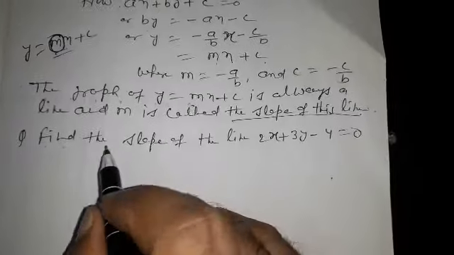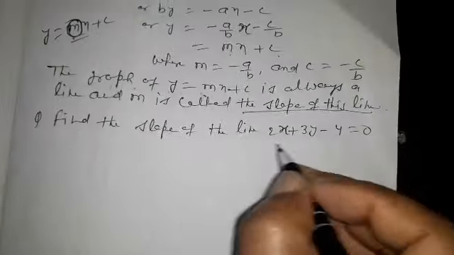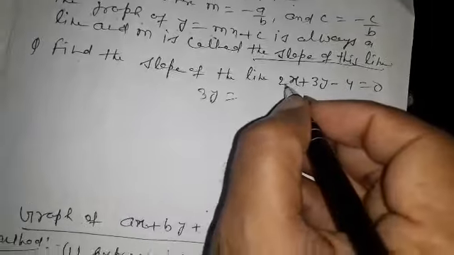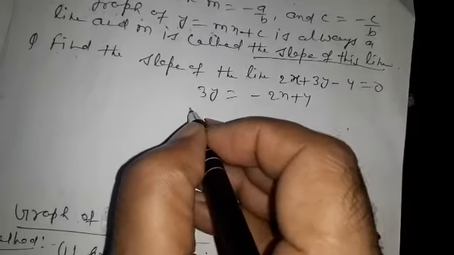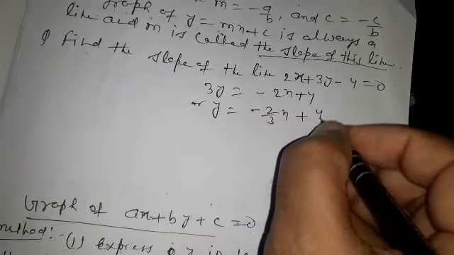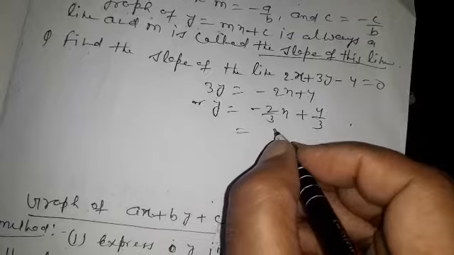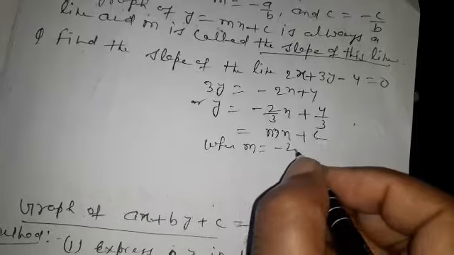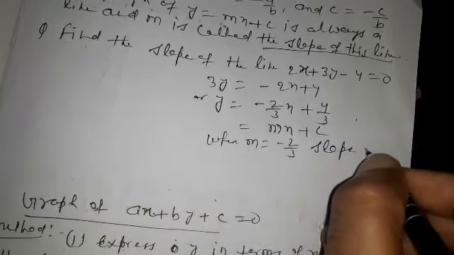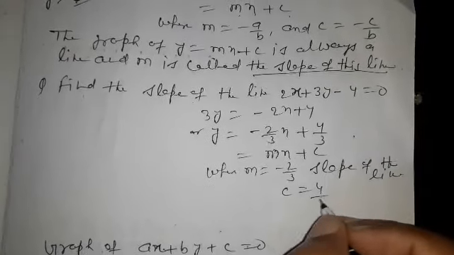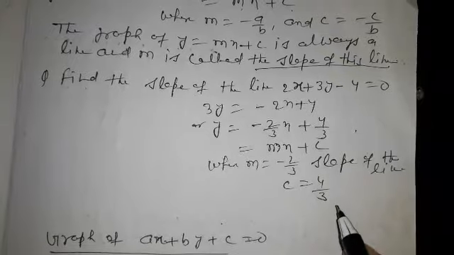For example, if we want to find the slope of the line 2x + 3y - 4 = 0, then 3y = -2x + 4, or y = -(2/3)x + 4/3. So y = mx + c, where m = -2/3 is the slope of the line, and c is 4/3, a constant.